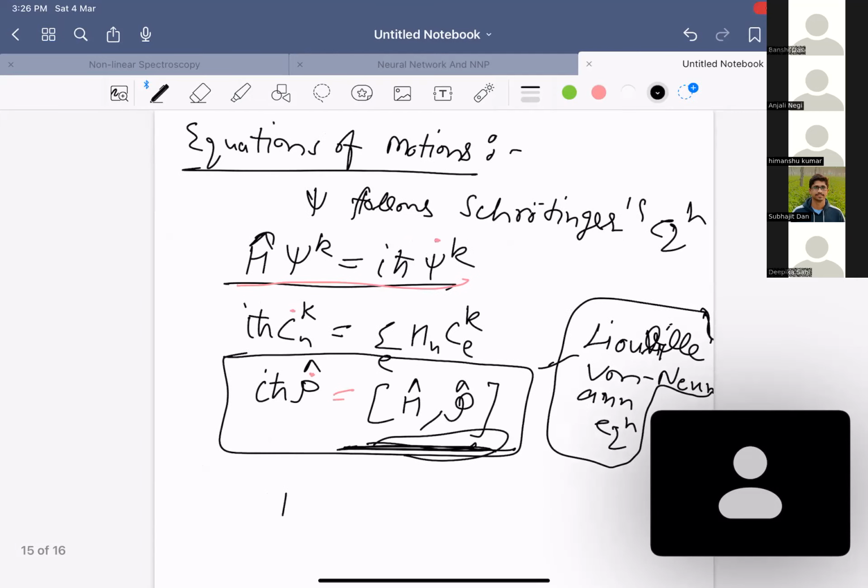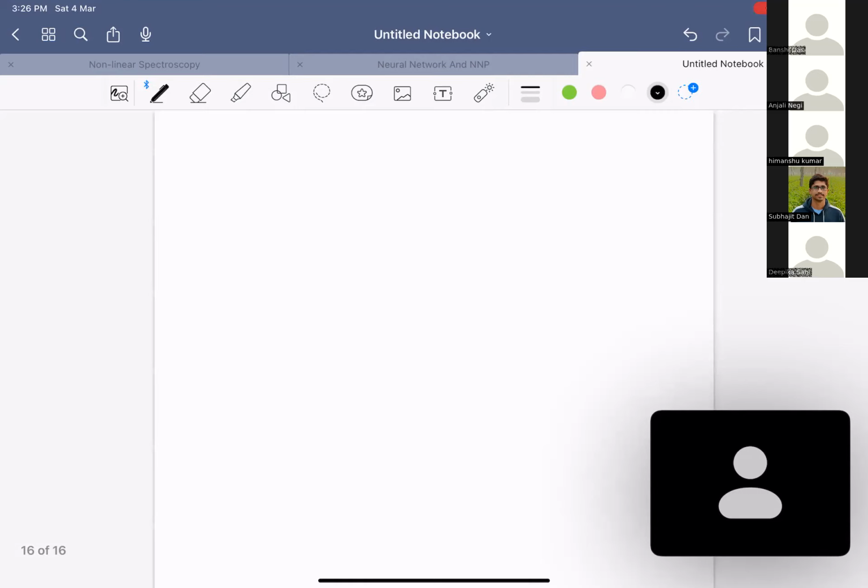It is important to note this because sometimes it becomes confusing. In the Schrodinger representation, suppose this is the operator and this is the expectation value of the operator. These operators are assumed to be time independent.